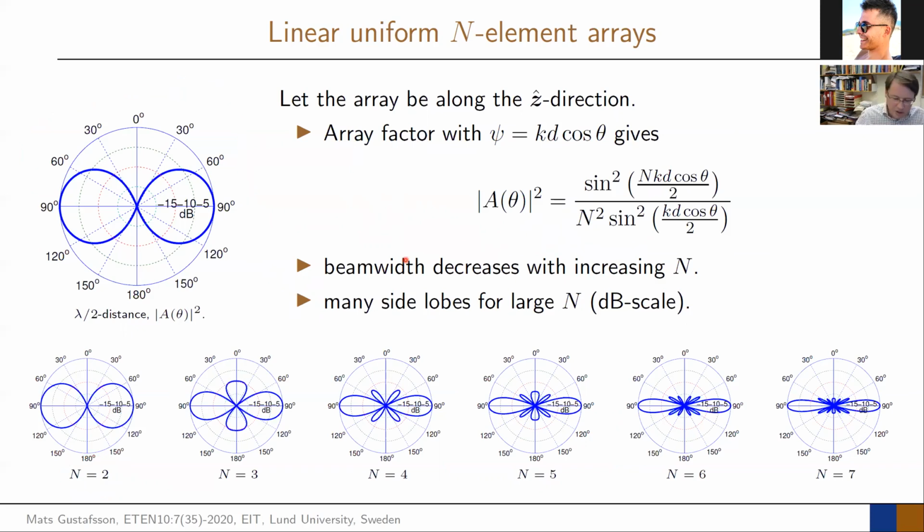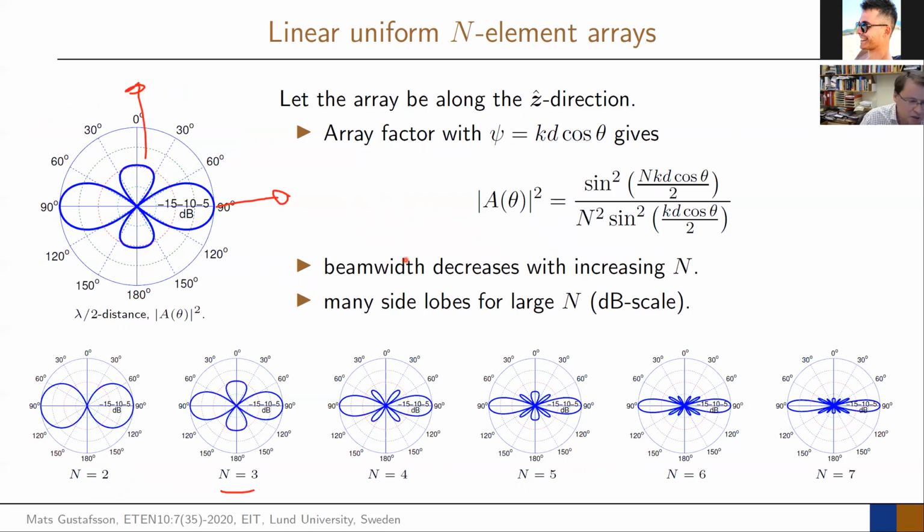When we now start increasing the number of elements, so if I go to 3 elements, you can see something's happened now. I still have a main radiation here. But now I got some radiation actually in the z direction. So why, when I have 3 elements, do I get radiation in the z direction?